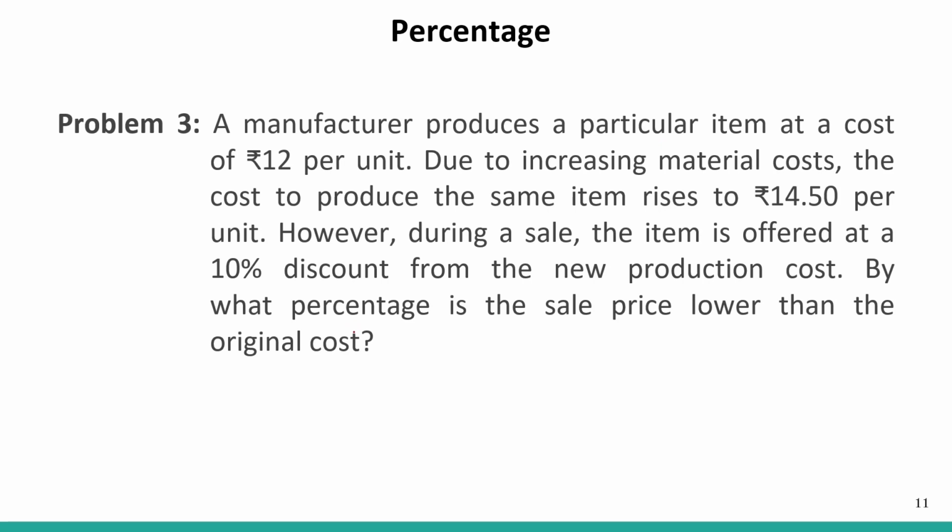So, problem number 3. A manufacturer produces a particular item at a cost of 12 rupees per unit. Due to increasing material costs, the cost to produce the same item rises to 14.50 per unit. So the initial cost is 12 per unit, and after the increment the new cost is 14.5 per unit.